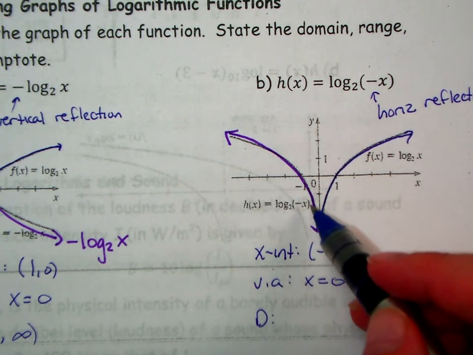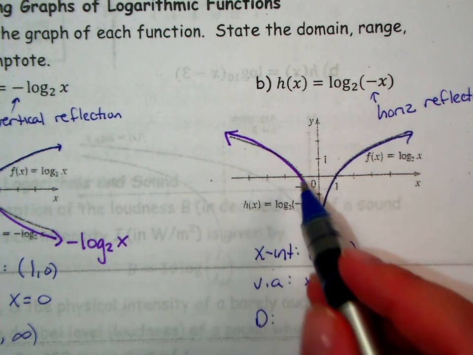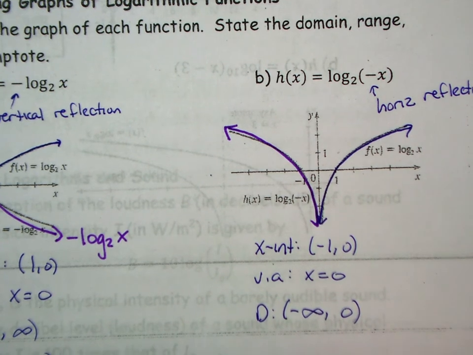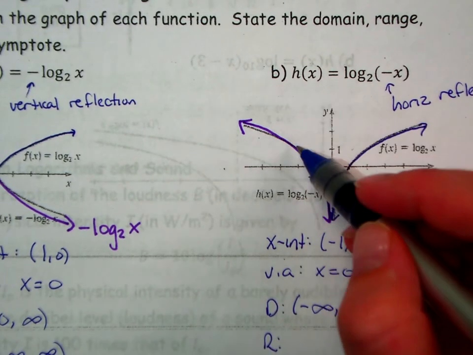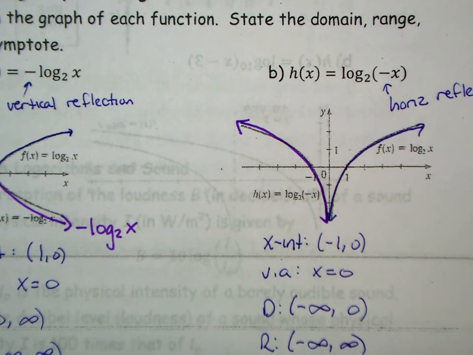It's just going to get closer and closer to 0. So we have a domain of -infinity to 0. It swapped it, right? And the range, how far down, how far up? Goes all the way up, all the way down. This is still all real numbers, right?